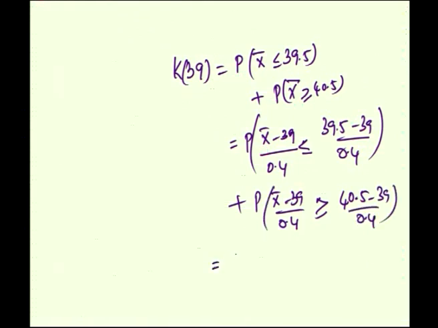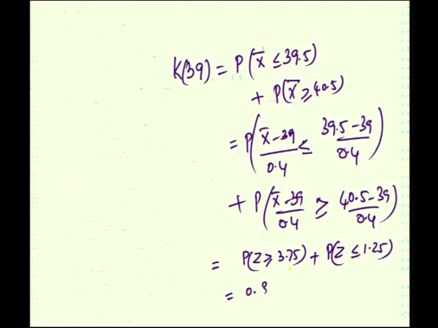These two values come to be equal to P of Z greater than or equal to 3.75, plus P of Z less than or equal to 1.25. From the tables it is 0.8945. Hence, we have found out the power of the test.